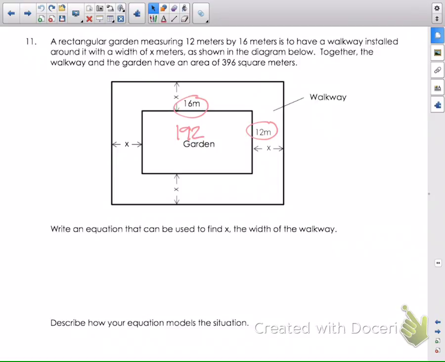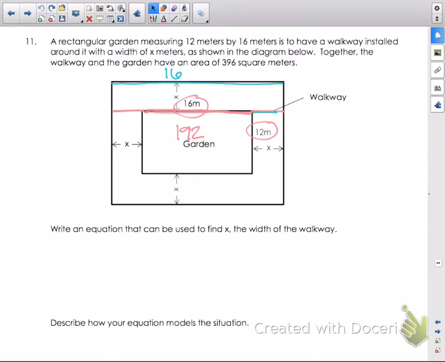Okay, now we need to find also the area of the whole thing. So here's where it gets a little bit funny. If this is 16, this is x, and this is x, how could I represent this whole length? 16, because that's that middle part.